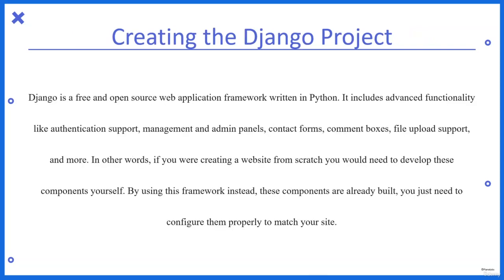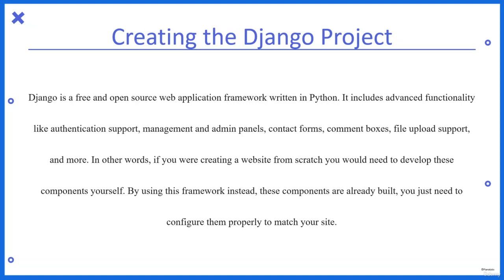So next is creating the Django project. Now Django is a free and open source web application framework written in Python. It includes advanced functionality like authentication support, management and admin panels, contact forms, basically forms which take input from the users and you can save that data into the database, and so on.